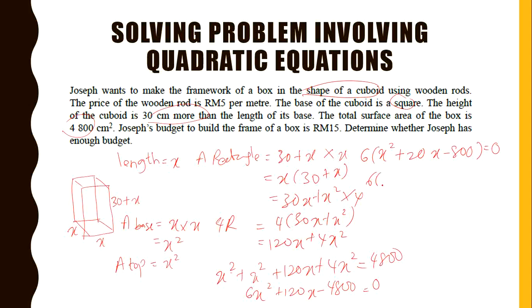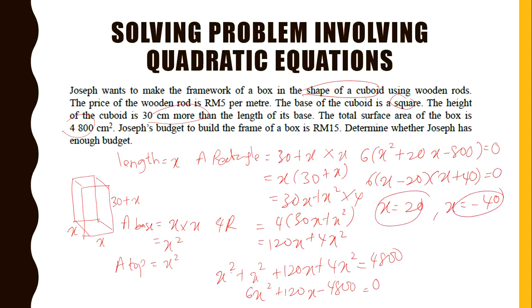So, kita boleh tekan Eqn. The roots will be x minus 20, x plus 40. Okay, so root dia ialah 20 dan negative 40. So kita ada 2 values of x.